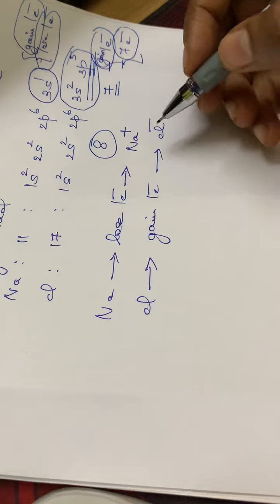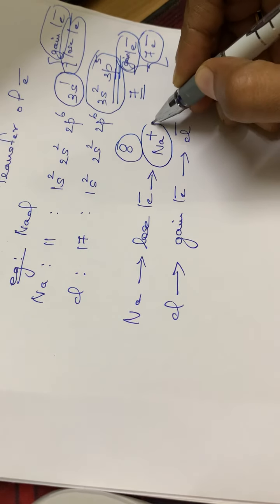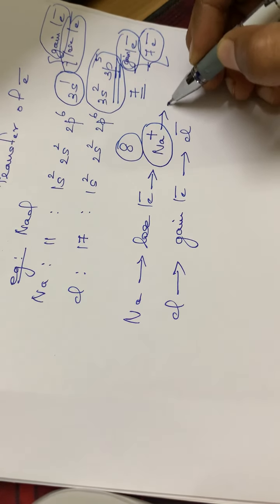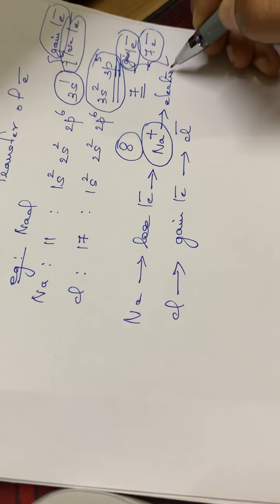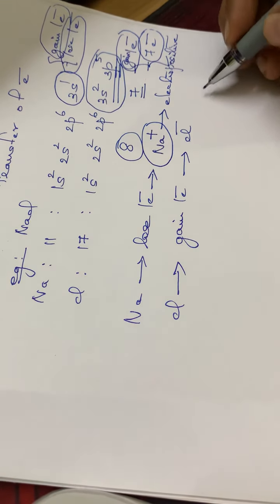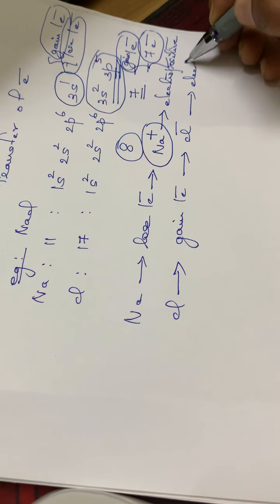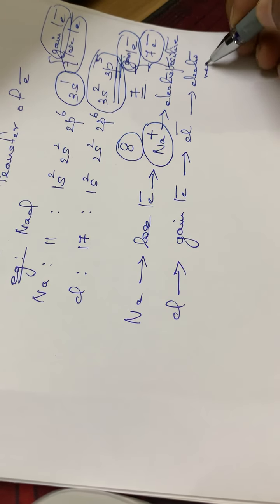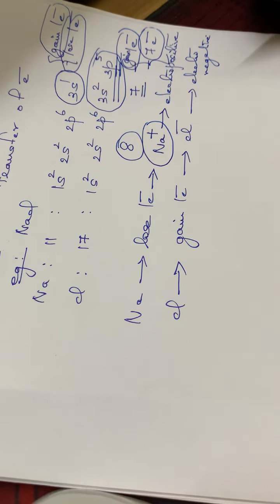So the sodium atom loses one electron, meaning it is electropositive in nature, and chlorine is electronegative.